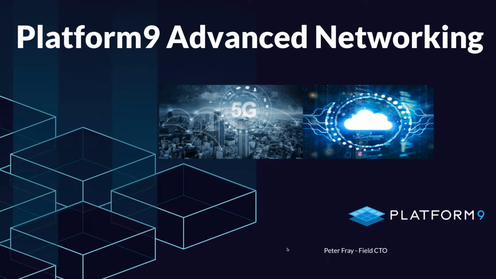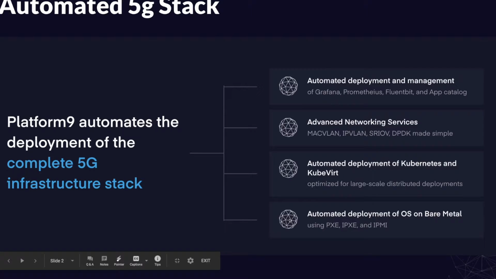Today I'm going to spend a few minutes and talk to you about Platform9's advanced networking options for the 5G world. What we do as part of the automated 5G stack, and what I've already done in the environment I'm about to show you, is I have leveraged Platform9's managed metal to deploy 3 servers using PXE Boot.